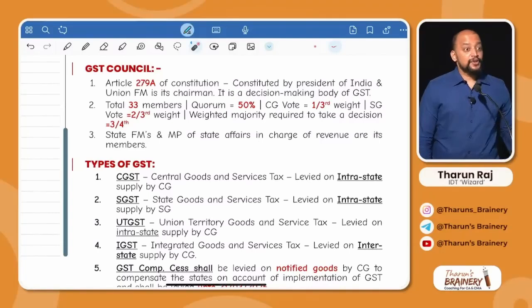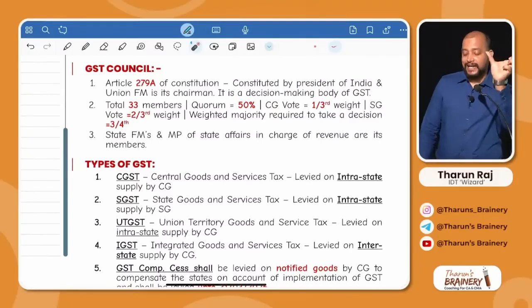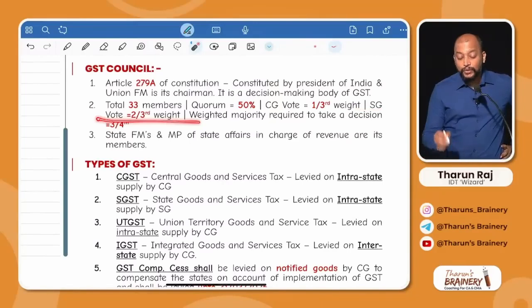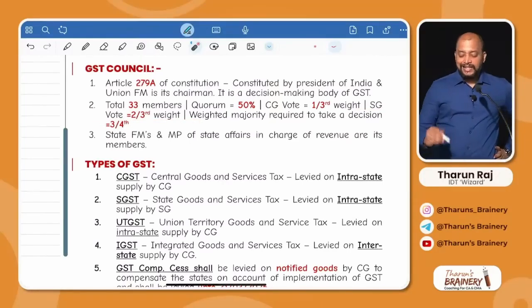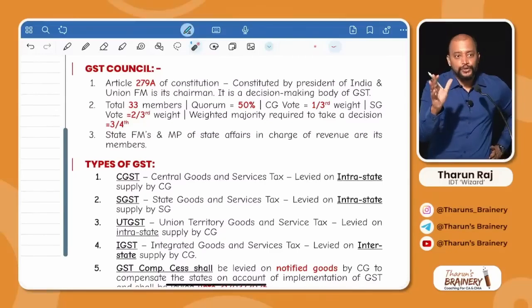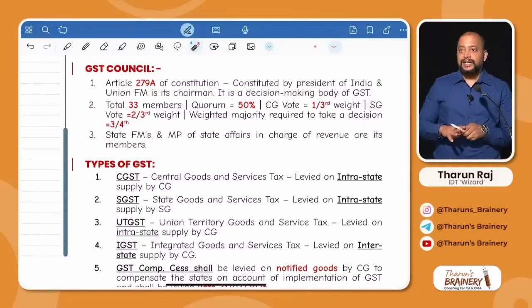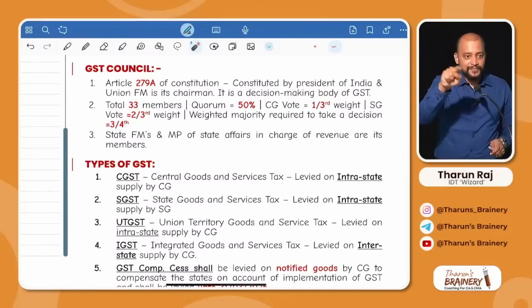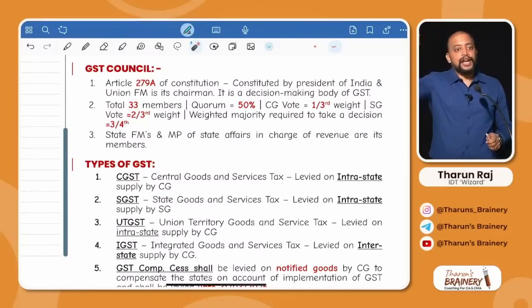Because they are having more weightage, 2/3 weight. So state government is having 2/3 weight and central government vote is only 1/3, which means you do a weighted average, usually. So central government vote 1 plus 1, 2 votes, 2 into 1/3, plus state government votes. Say state governments have 10 votes, 10 into 2/3. That's how the weighted votes will be counted.